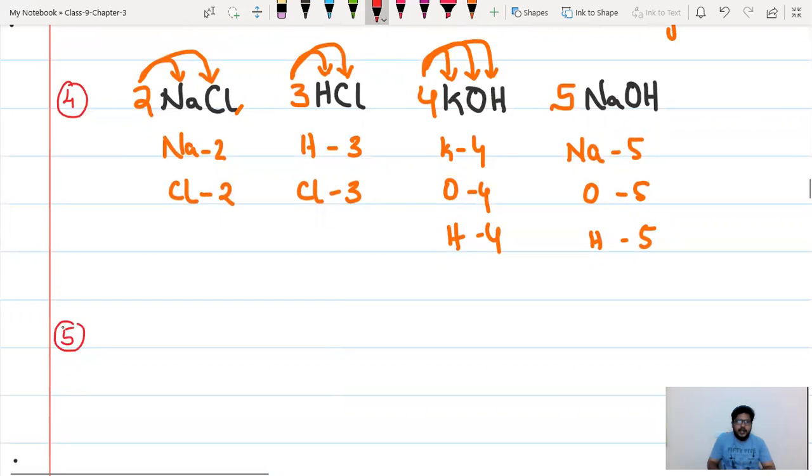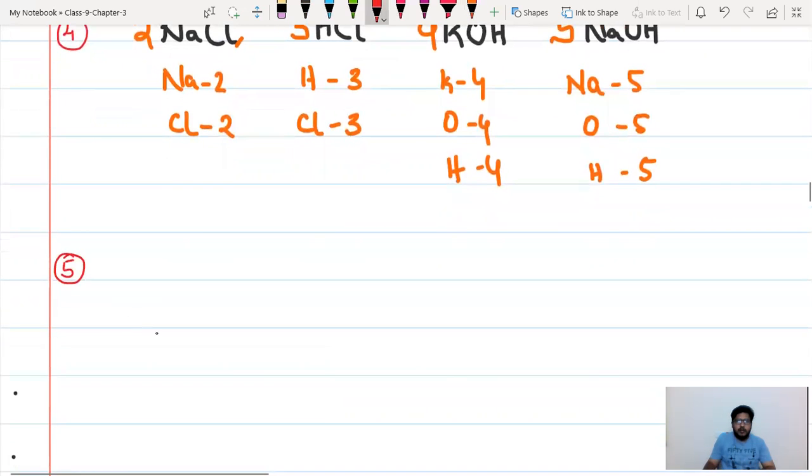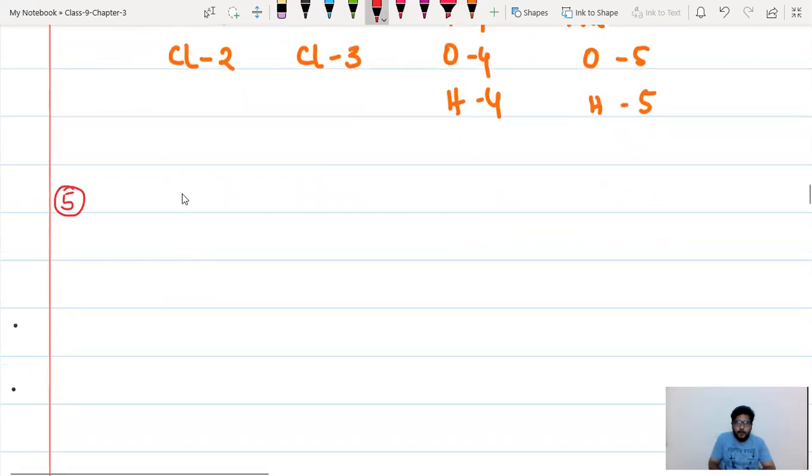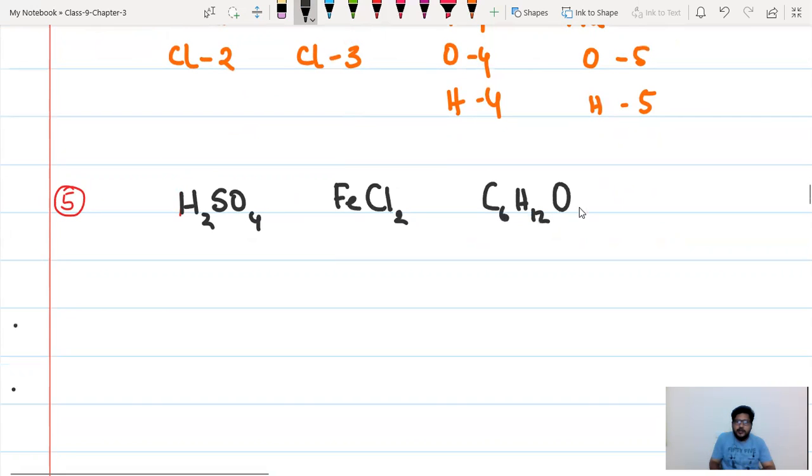Here we are taking molecules like this: H2SO4, FeCl2, C6H12O6, H2O, etc. Now, which number is given to which atom?